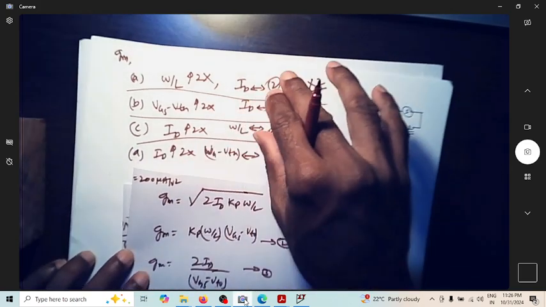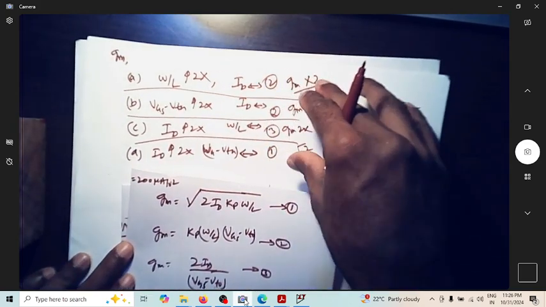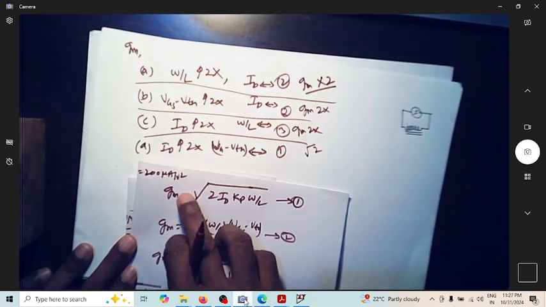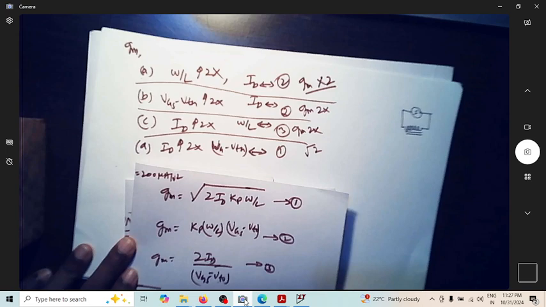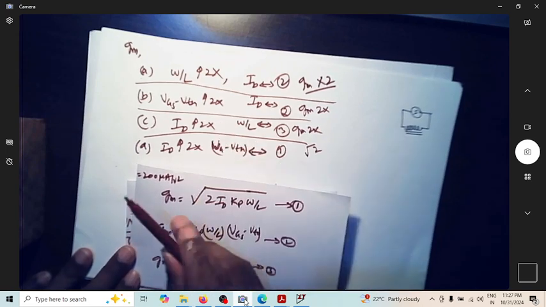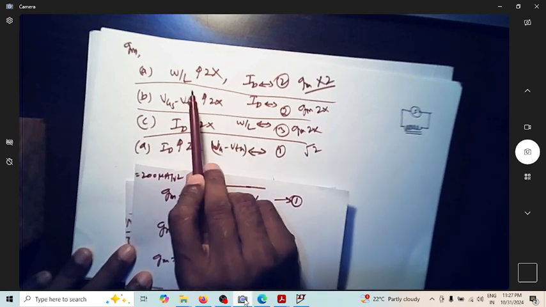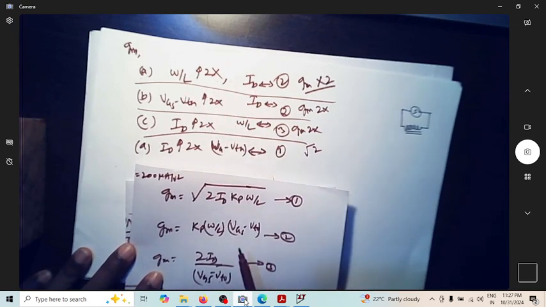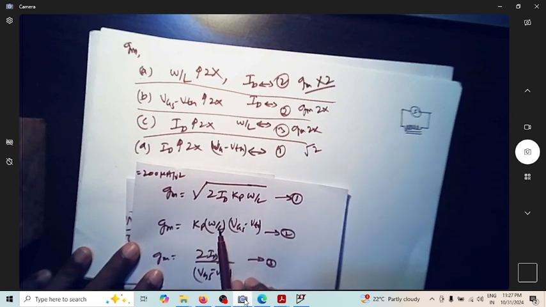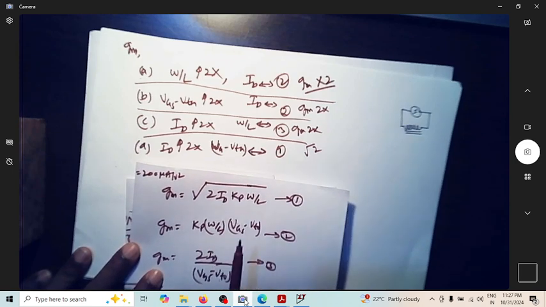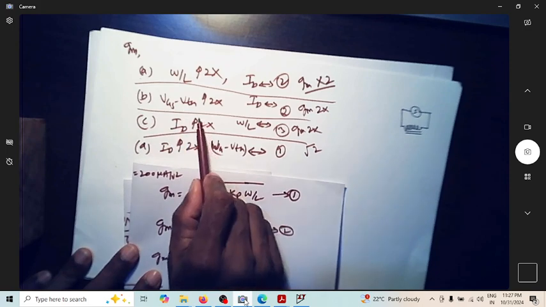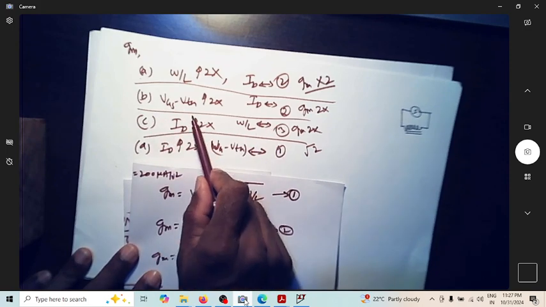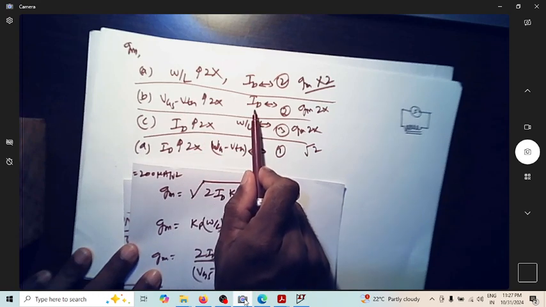To solve this problem, we have to know these 3 equations. So you look, out of these 3 equations, where W by L and ID both are not there. This is the only equation where you have W by L but there is no ID. Or you find the equation where you have VGS minus VTH but there is no ID.